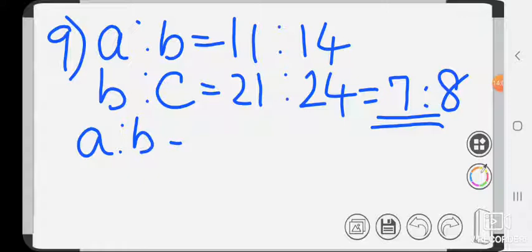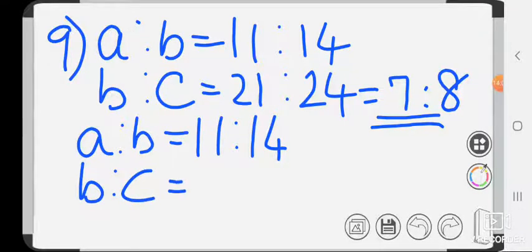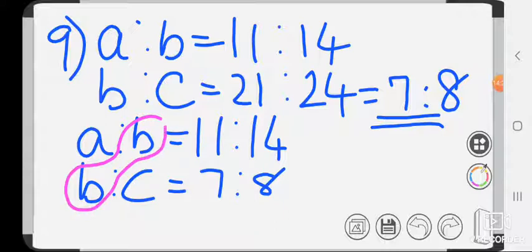A is to B, I am rewriting 11 is to 14. B is to C, that is 7 is to 8. Now our task is to make the term B the same, that is here 14 and 7. How can we make the term the same?